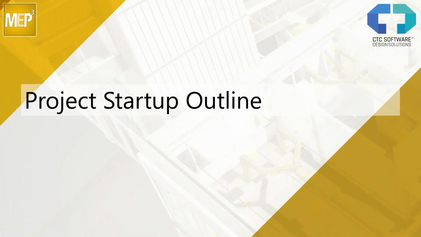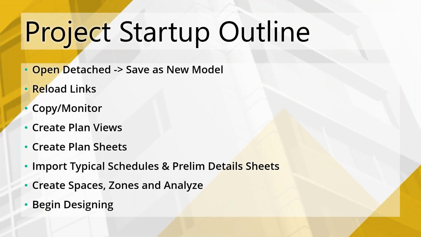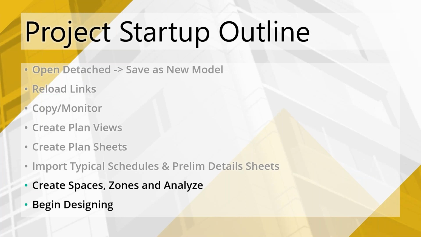And as in each of these sessions, we're going to talk about where we are in this project startup workflow. We've got a number of steps here: opening detached, saving as, reloading links, copy monitoring, creating plan views and putting them on sheets, typical schedules and preliminary details for the type of project we're working on. All of that we've already covered in previous sessions, parts 1, 2, and 3.